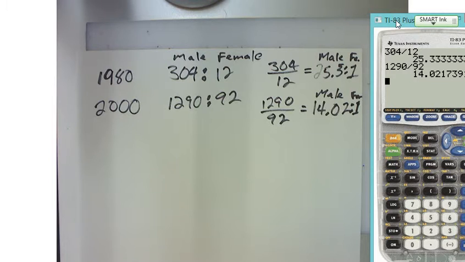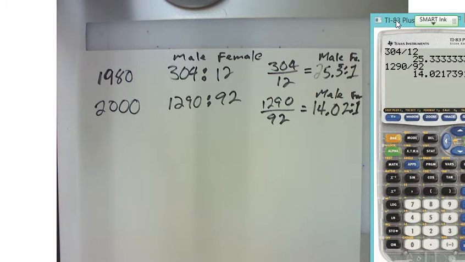The numbers don't lie. They're accurate. My male to female population decreased. That's what the numbers I have written down, and the way I chose to represent the data, showed a decrease in male to female. But the question was, did the female to male population increase?